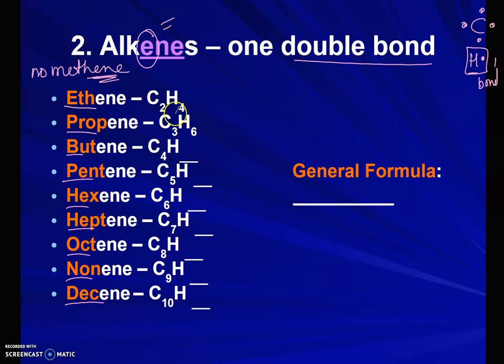All right, so we have C2H4. That would look like this: 2 carbons double bonded to one another, and then you would put in your 4 other hydrogens around it. Propene would look like this.